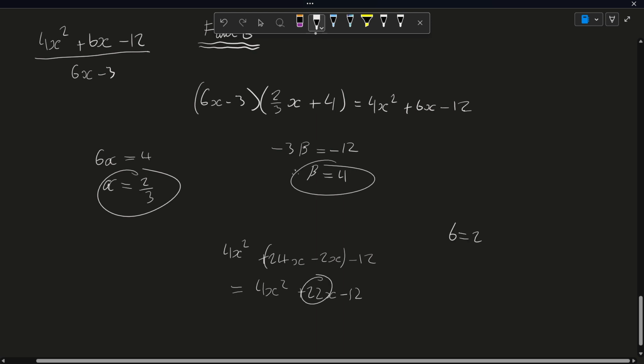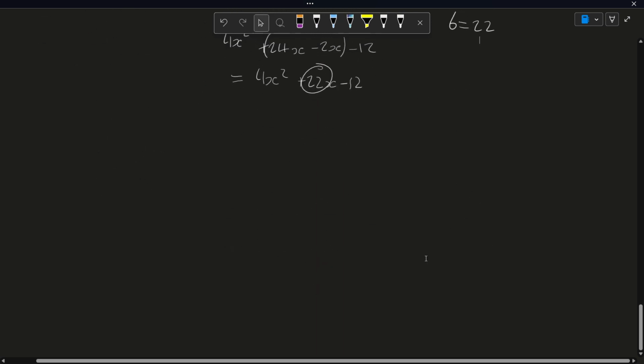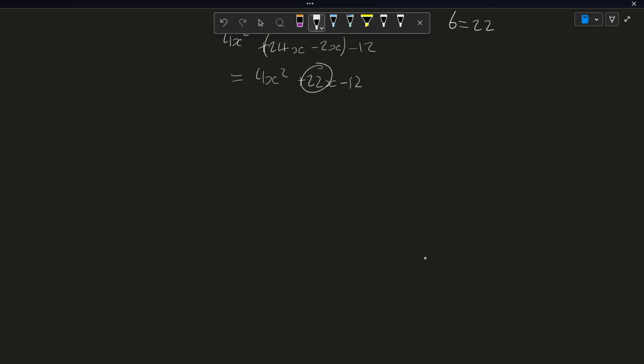b equals 22. Then you can also test this if you're not sure, using polynomial division. You don't think it actually works? You know this divided by this would be 4/6, just 2/3 x.